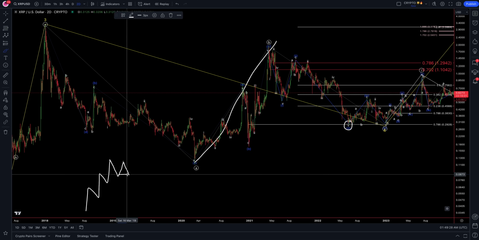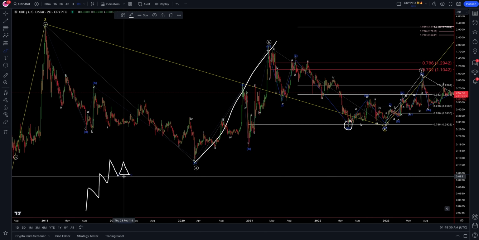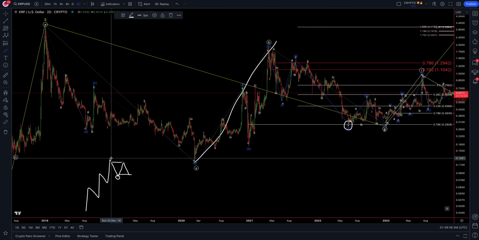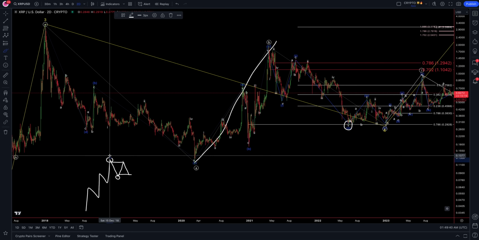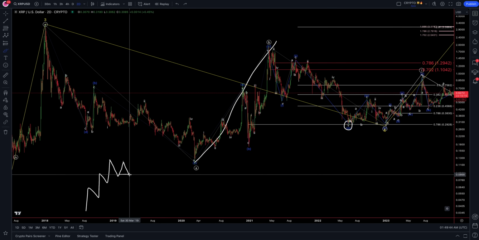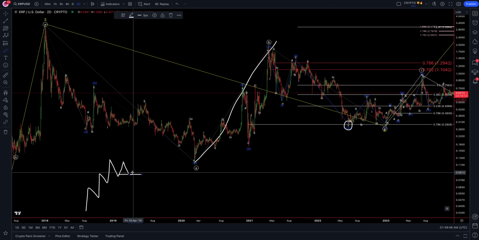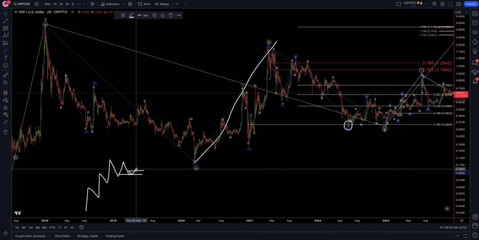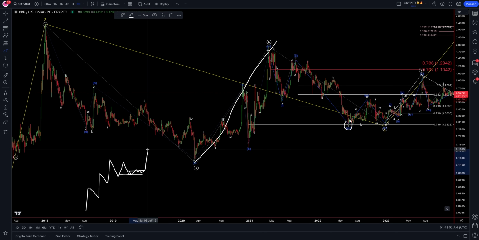But notice how the C wave terminates before the bottom of this A wave, and the B wave terminates before the top of this A wave. Okay, this is what's called a flat pattern. And then what did we have at the bottom of the C wave? Accumulation at the lows for over 2 years. And now we're going to see expansion now.